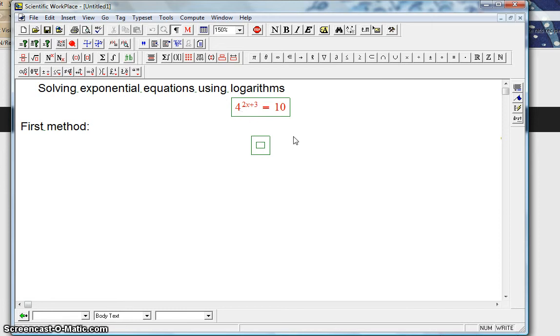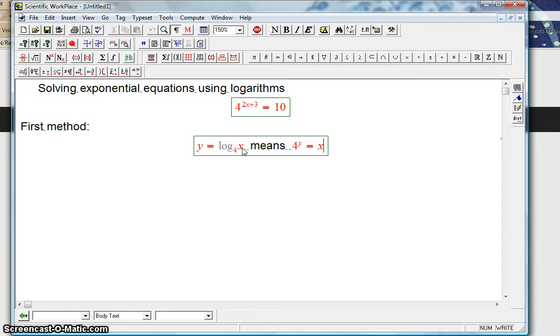And so we use the fundamental principle that to say that y equals log base 4 of x means that 4 to the y equals x.